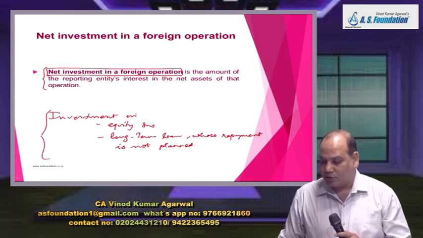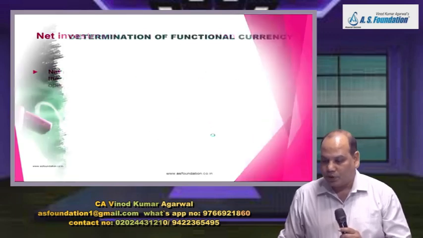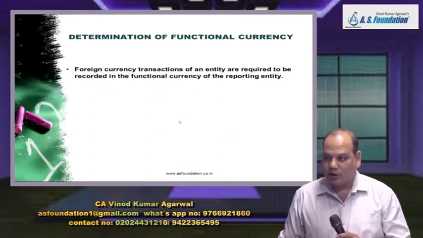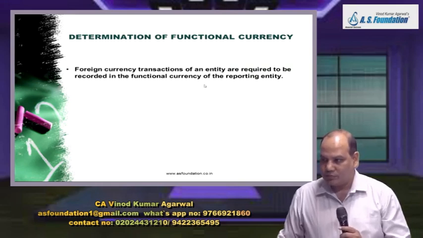There is no repayment planned in the near future. So the purpose of discussing it is that if it is proved that it is a net investment in a foreign operation, then in that case some rules of translation are different here, right? Now we'll have to first understand quickly how to determine the functional currency.